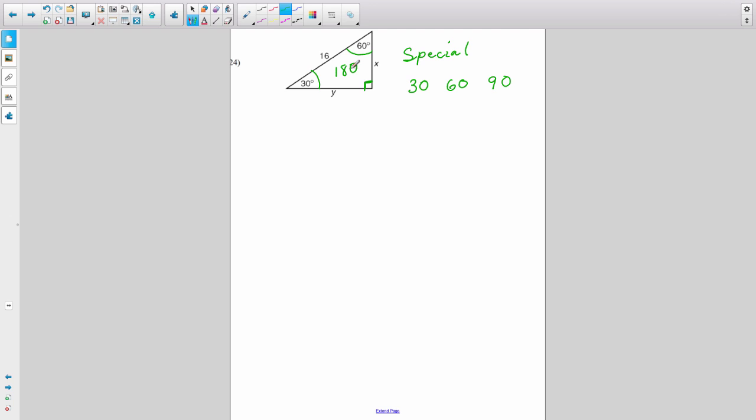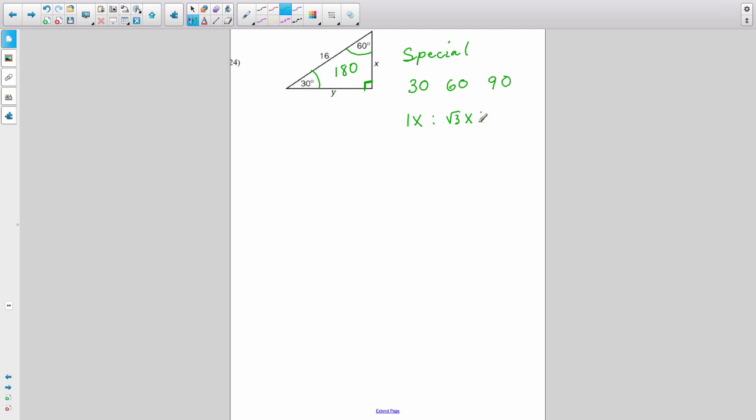So, the sides of this special right triangle are in a really special proportion, and they look like this. The side across from the 30 degree, the smaller side, can be represented as just 1x. The side across from the 60 can be represented by radical 3 times x.